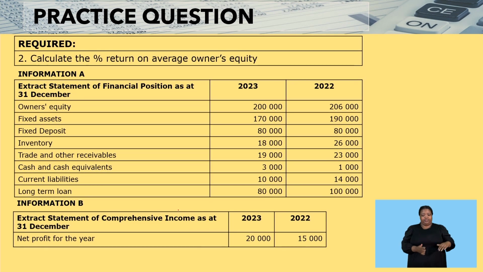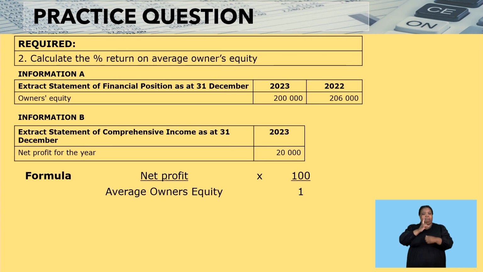Question number 2 wanted us to calculate the percentage return on average owner's equity. Let's come and see. The formula says net profit. So I'm going to get my net profit for the year. That is 20,000. Then I divide that 20,000 by average owner's equity.